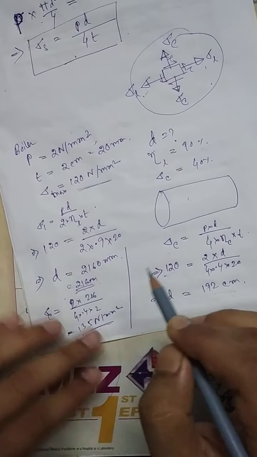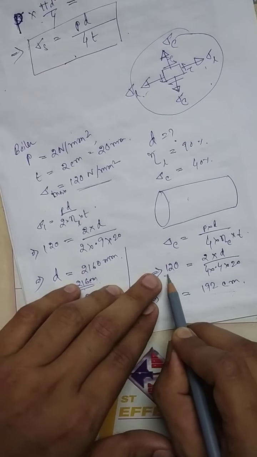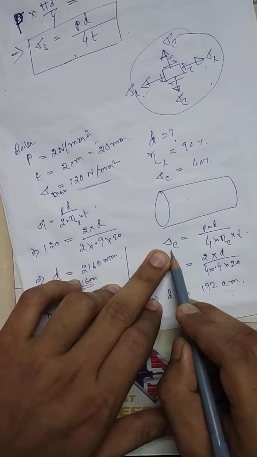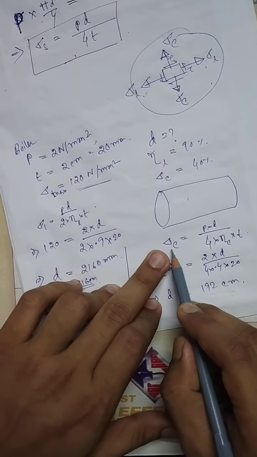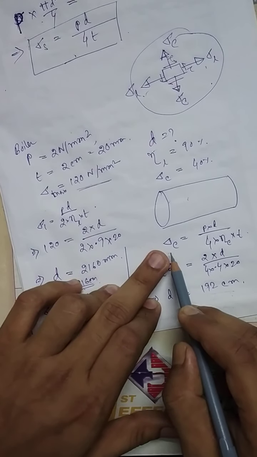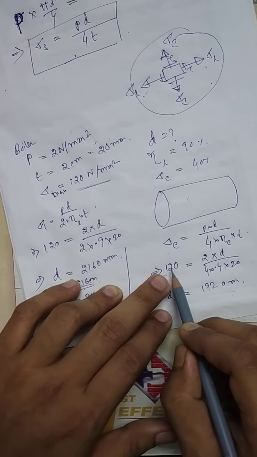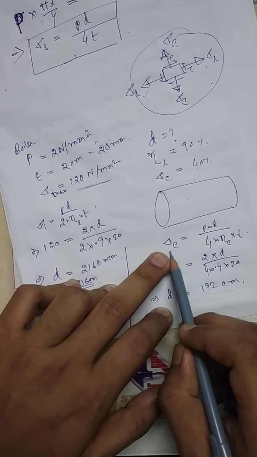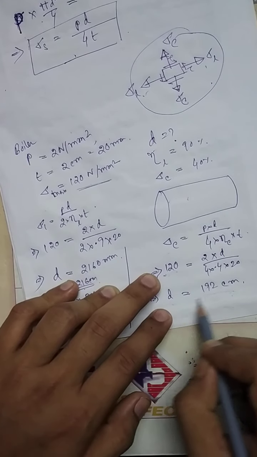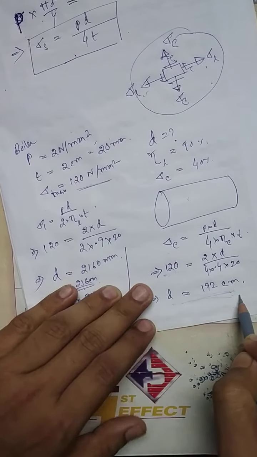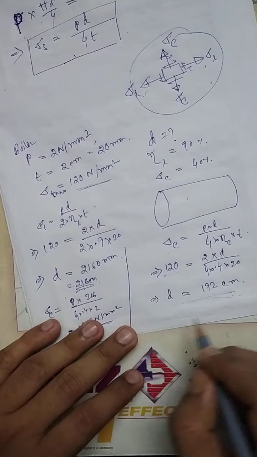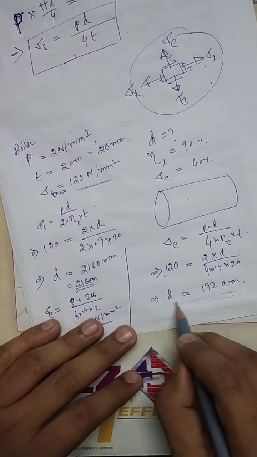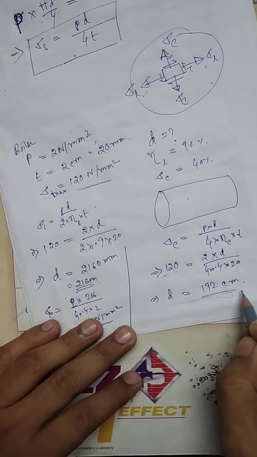So that's why we need to assign the maximum value, 120, to sigma c, the circumferential stress, and in such a case D is found to be 192, which is feasible. So the maximum internal dia can be taken as 192 centimeter.